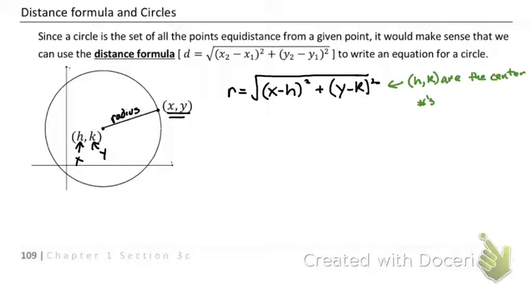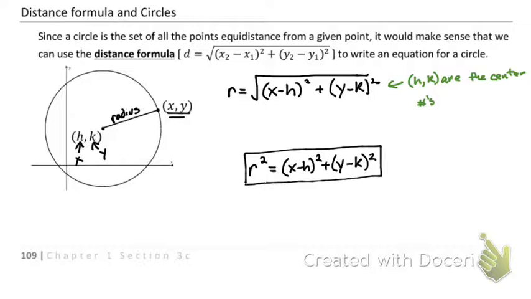Another way that a lot of people write this is where they move the square to the outside. So they take the square of both sides and they go with r squared equals x minus h squared plus y minus k squared. I am going to note that a lot of times this is the one people are looking for. This is known as our standard form.